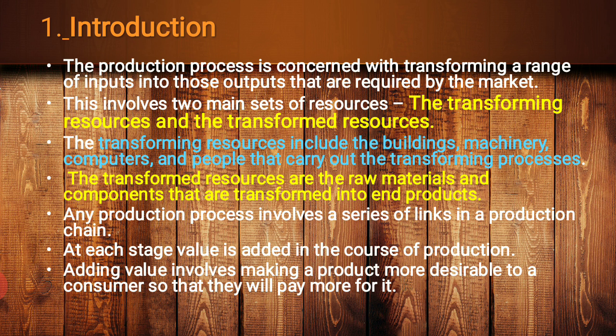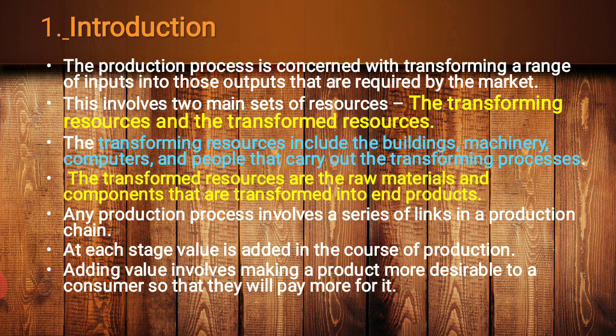Transforming resources include all those things which we use to produce something. It may be buildings, machineries, computers, any system that we may be using, or the people that carry out the transforming process. The second aspect is the transformed resources, which are all the raw materials and components that we use to produce the end products, right?